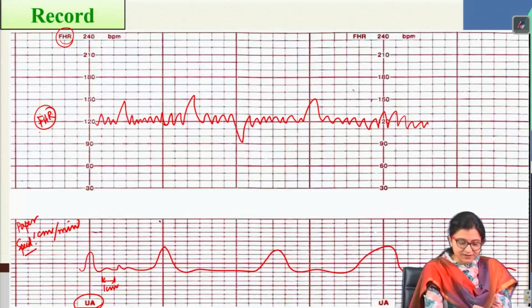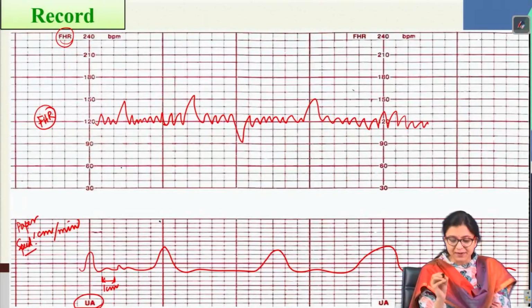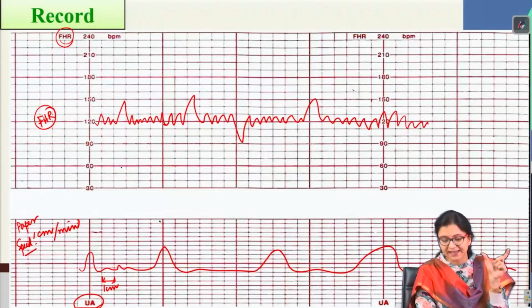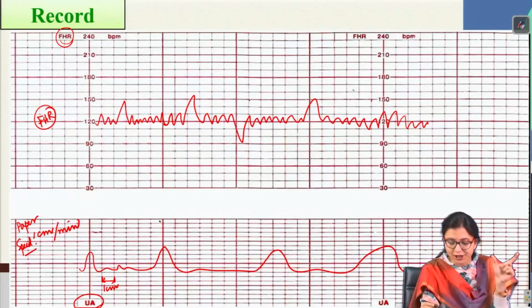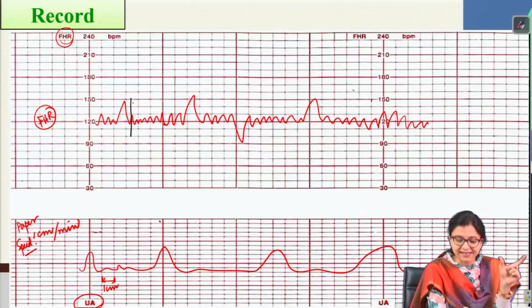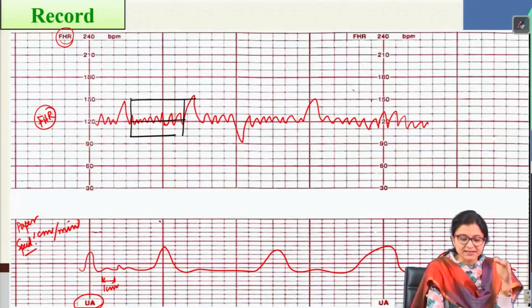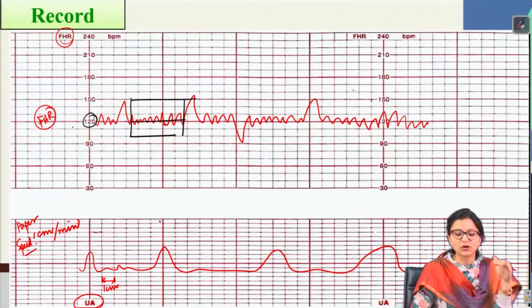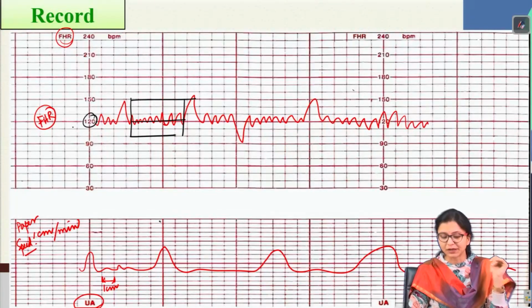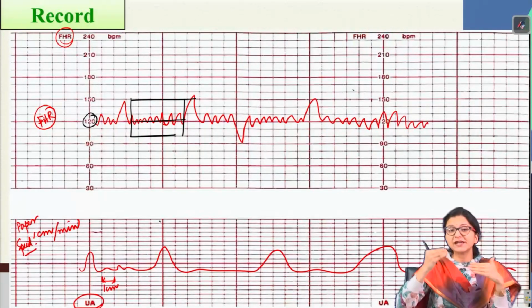So, from this you can see what is the baseline fetal heart rate. Baseline fetal heart rate is taken from that segment which is devoid of any acceleration or deceleration. I will take this part. So, here we have no acceleration or deceleration. So, here if you draw the midpoint, this is the fetal heart rate which corresponds to 120 beats per minute, and also there is variability, beat to beat variability.